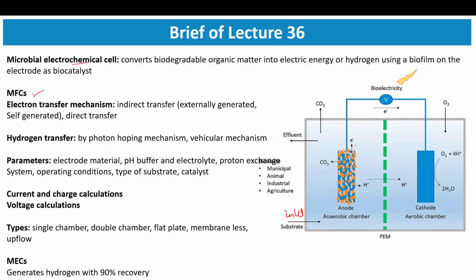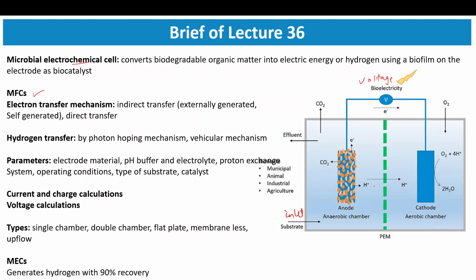So these electrons are responsible for, if we connect this to an external circuit, electricity generation, and some amount of voltage or current will be obtained. Now that can be used outside.